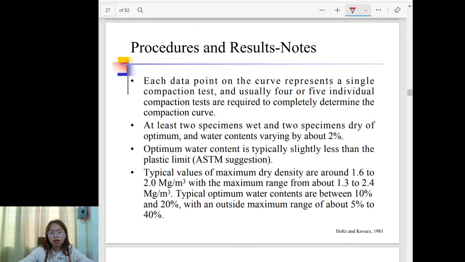So each data point on the curve represents a single compaction test, and usually 4 or 5 individual compaction tests are required to completely determine the compaction curve. No?